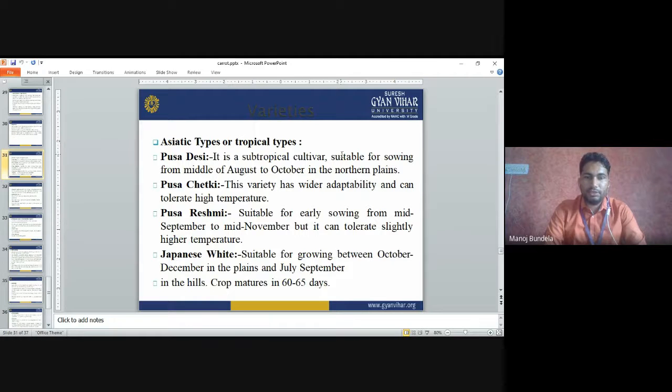Pusa Reshmi is suitable for early sowing from mid-September to mid-November and can tolerate slightly higher temperature. Japanese White is suitable for growing in October-December in the plains and July to September in the hills, and the crop matures in 60 to 65 days after sowing. So these are the Asiatic or tropical type varieties: Pusa Desi, Pusa Chetki, Pusa Reshmi, Japanese White.